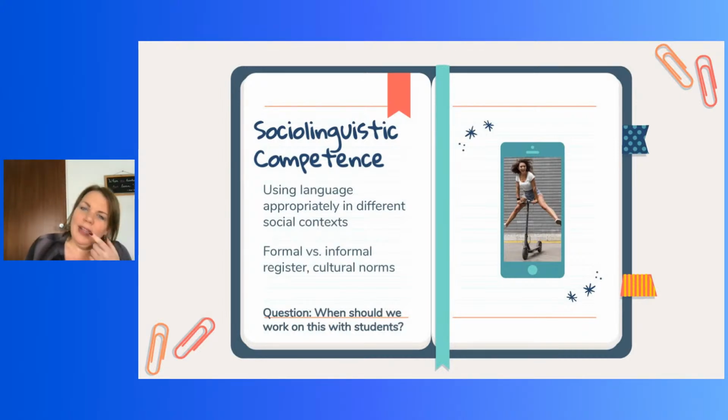And I remember thinking to myself, we need to work on sociolinguistic competence because this student doesn't recognize that the phrase that they used in the exam is appropriate when they're at a bar with their friends, but it's not appropriate to use in an oral exam with an English teacher, you see? So appropriateness is a big component of sociolinguistic competence, right?